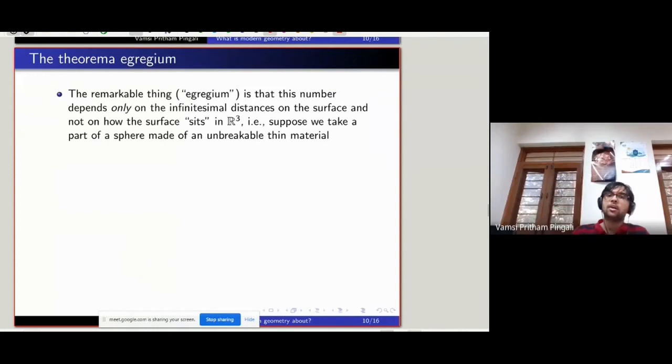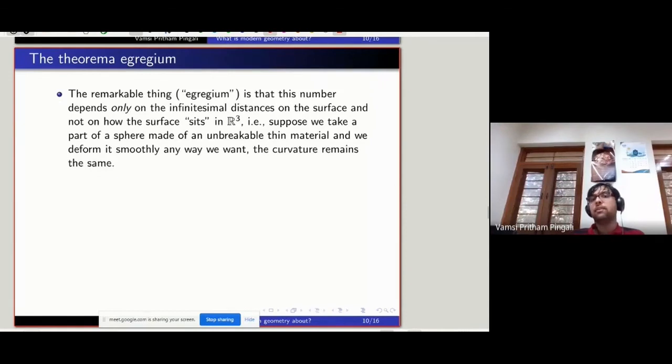In other words, suppose we take a part of a sphere made out of an unbreakable thin material, and we deform it smoothly any way we want, the curvature remains the same.